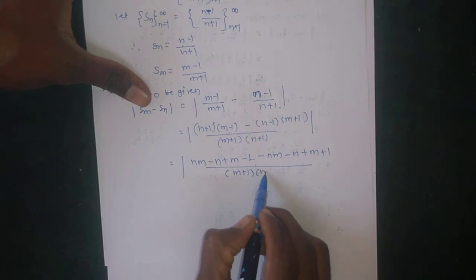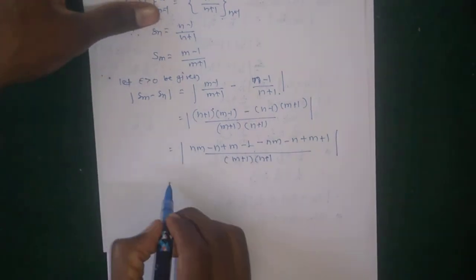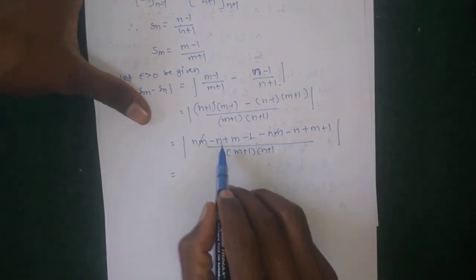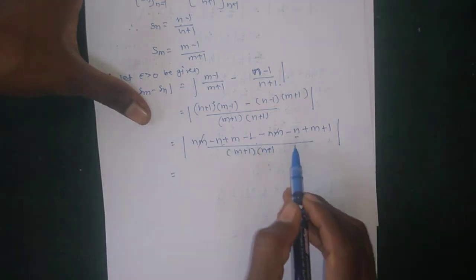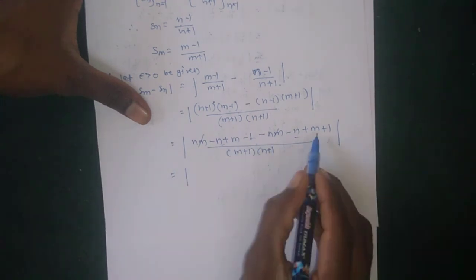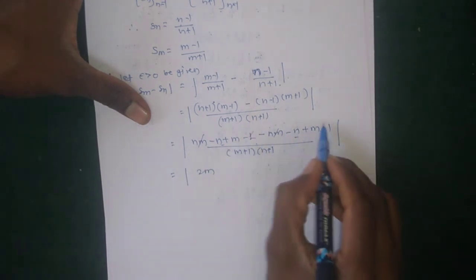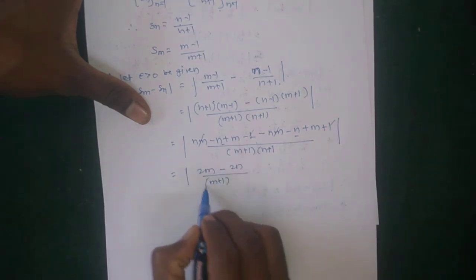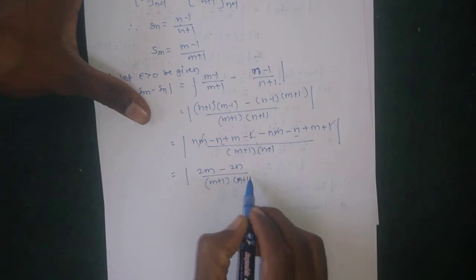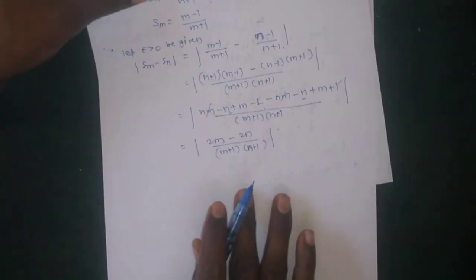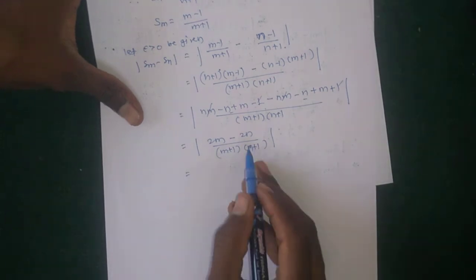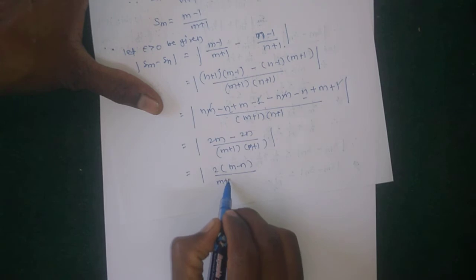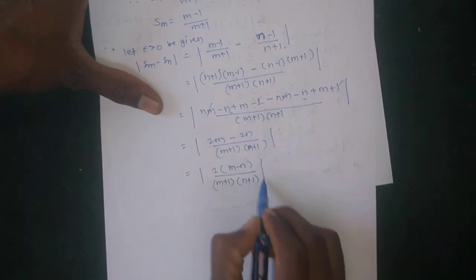Solving this, the nm terms cancel, and the constants cancel, leaving minus n minus n, which is -2n, and m plus m, which is 2m. So we get 2m - 2n divided by (m + 1)(n + 1), which is 2(m - n) divided by (m + 1)(n + 1).